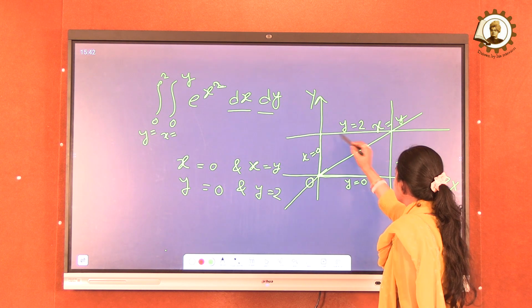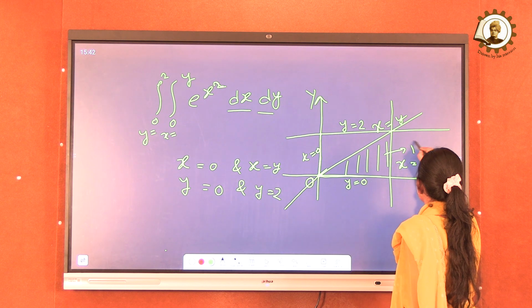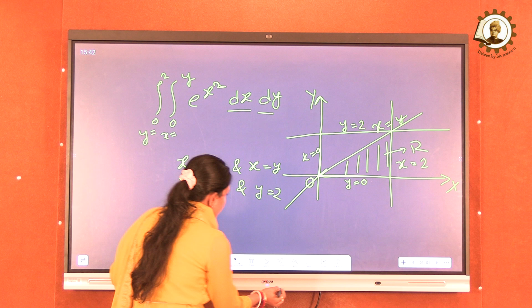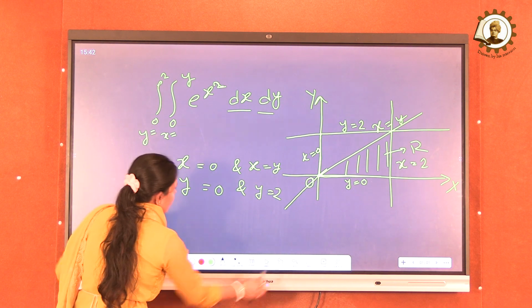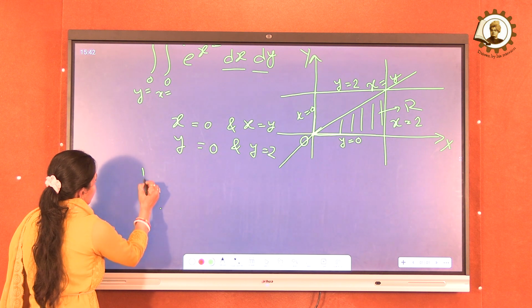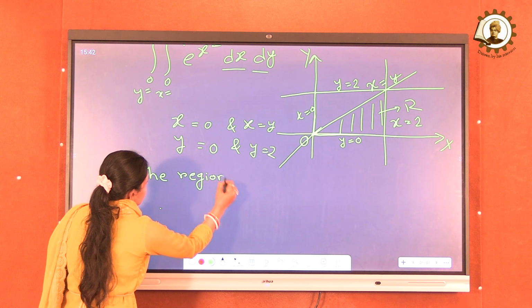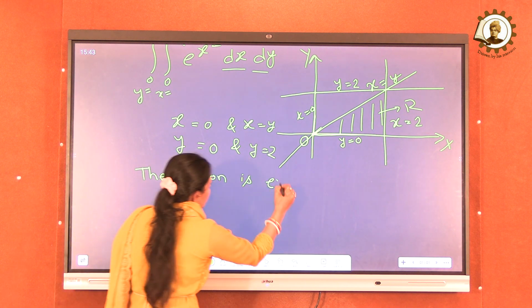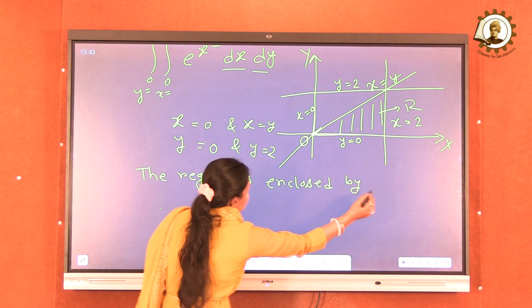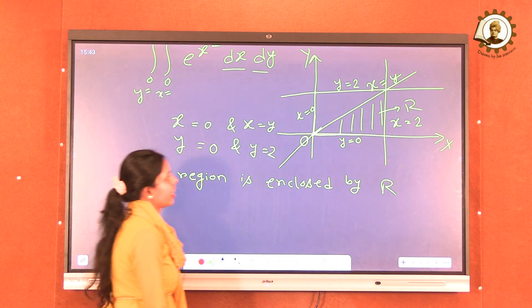So our region is enclosed by these, and this region is called capital R. Here this is the region capital R. We see that.